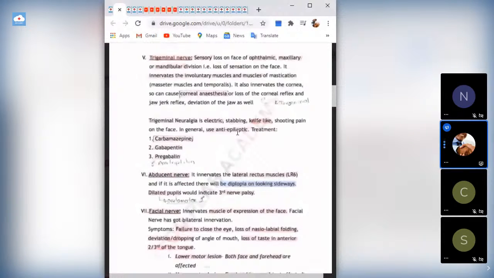So if you cannot feel on that side of the face, it means the ophthalmic nerve from nerve 5 is affected. Now, V2 is between the angle of the eyes and the angle of the mouth. It's called the maxillary branch. It caters for sensation around that area.